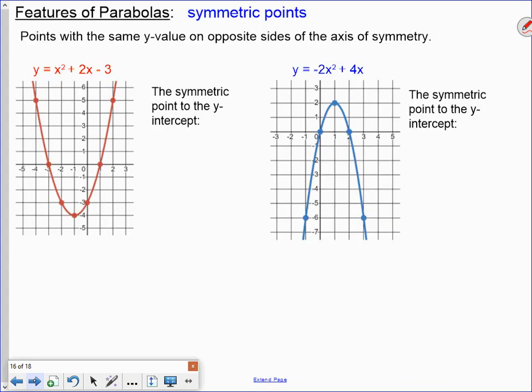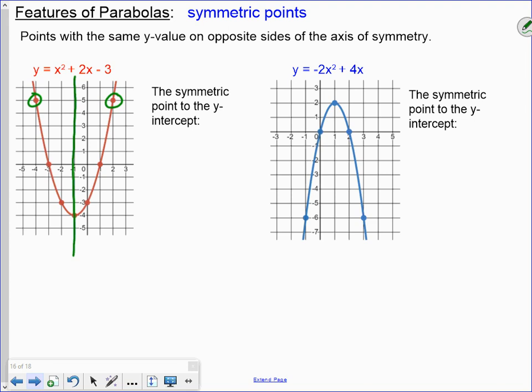So finally, almost finally, parabolas also have what are known as symmetric points. We know that in each of our parabolas, we have an axis of symmetry, which divides our parabola in half. On either side of that axis of symmetry, we have corresponding points that are symmetric to each other. These points have the same y value as each other.